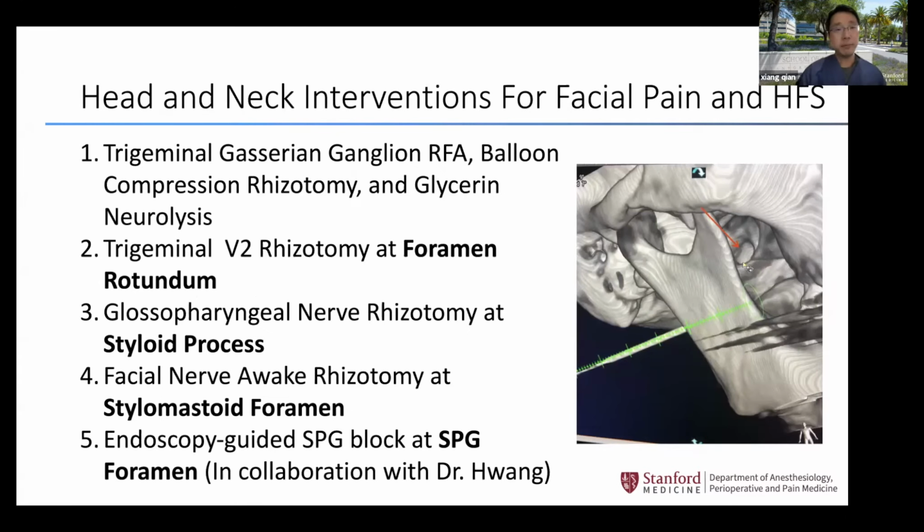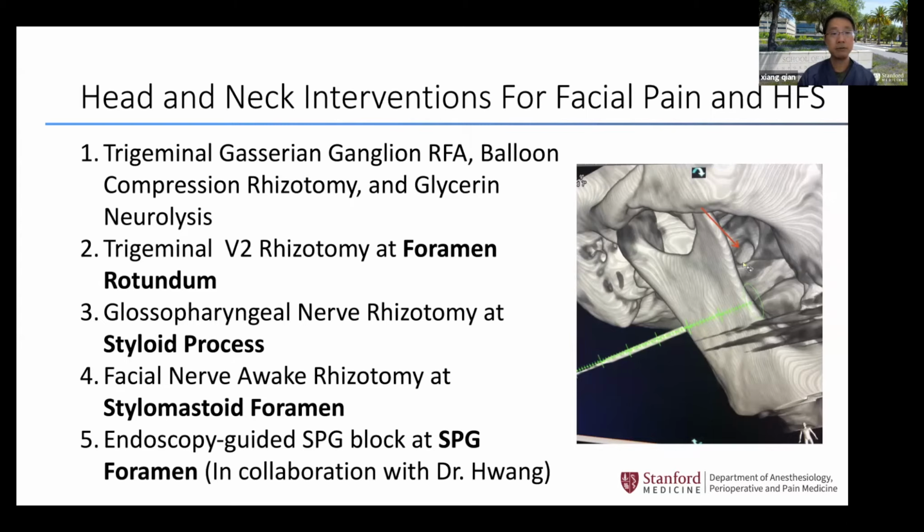All right, so now let me go to the last part of my talk today, the head and neck interventions that we do in our clinic for facial pain and hemifacial spasms. I will present these 5 types of procedures: the Gasserian ganglion radiofrequency ablation, balloon compression, and glycerol rhizotomy.